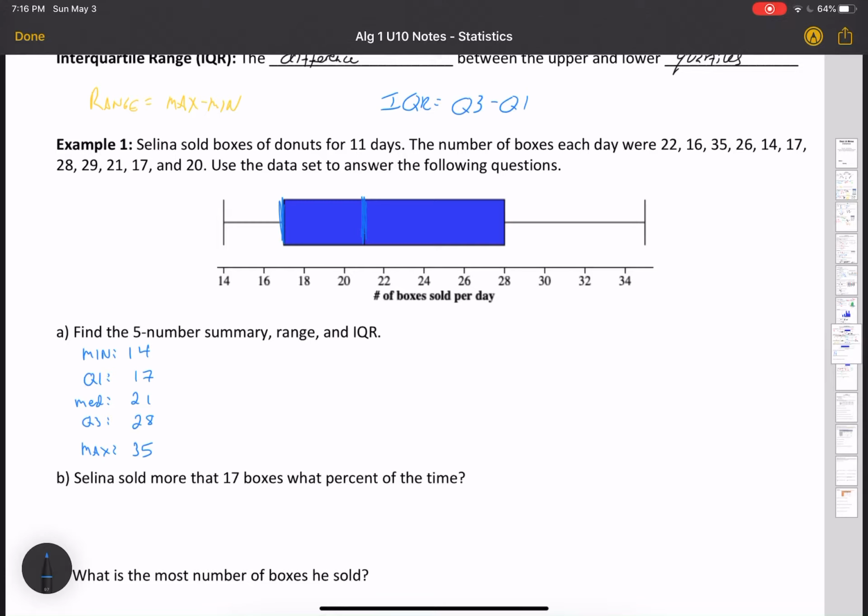So we can tell that from the box plot, but sometimes it doesn't work out like that, where we can just easily tell them from the box plot. So if we're given a data set, what we want to do is list out the data from lowest to highest. 17, 20, 21, 22, 26, 28, 29, and 35.